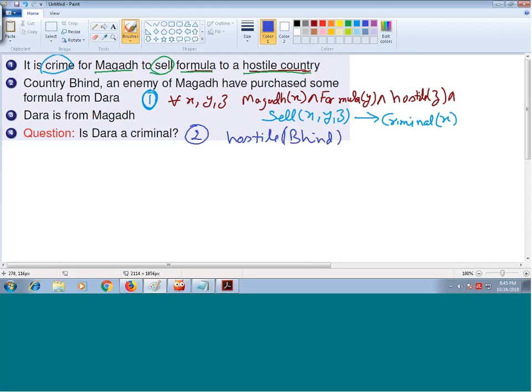So the third information is there exists some Y that is a formula, and we say that formula is Y. There is a formula, and it is owned by Bhind, because the enemy country Bhind has purchased some formula, so it is with Bhind.